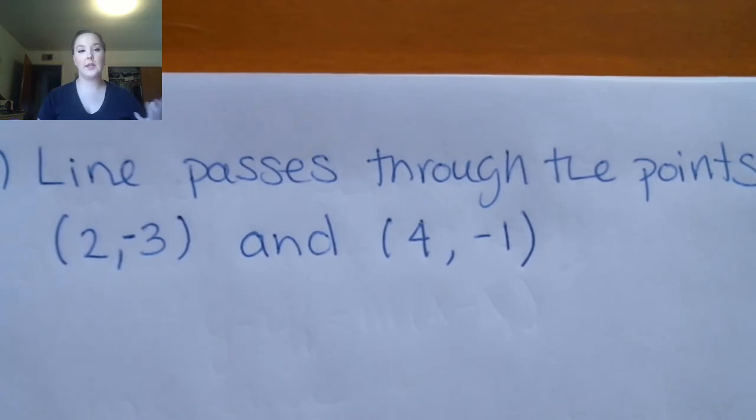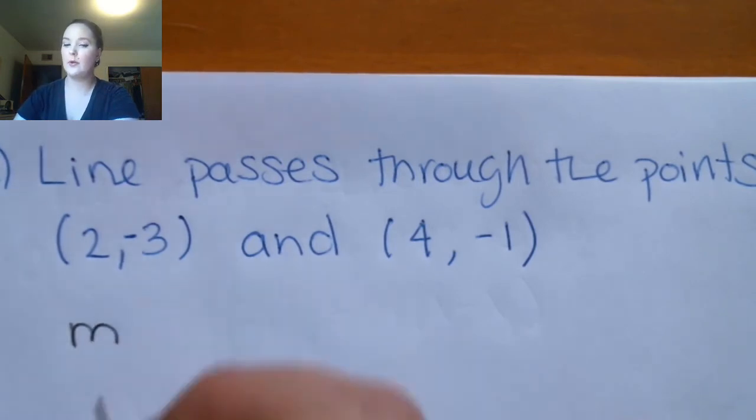In this example, all we have is 2 points. No matter what form we use, we have to find the slope. Whether we use slope-intercept or point-slope, we really need to find the slope. So we're going to look for the slope.